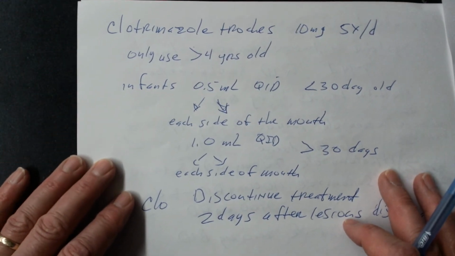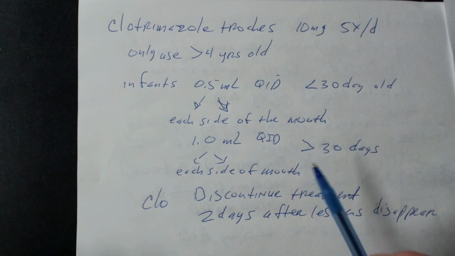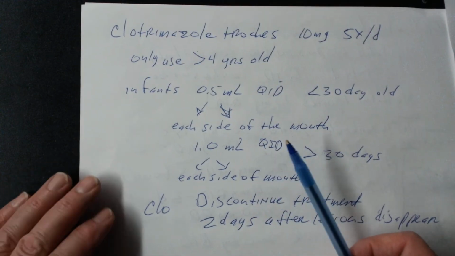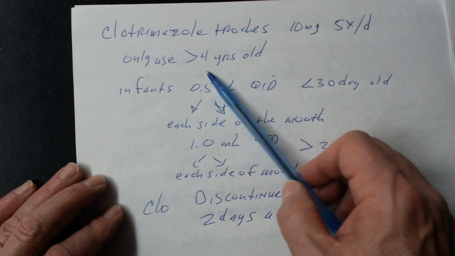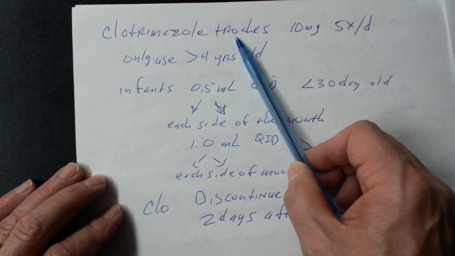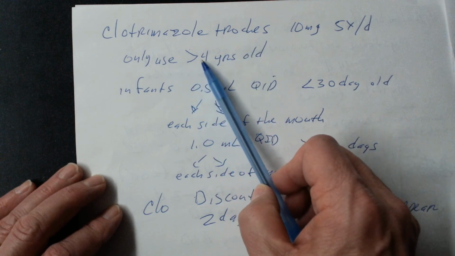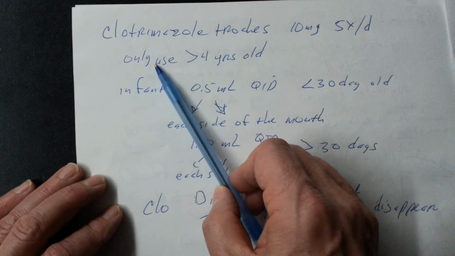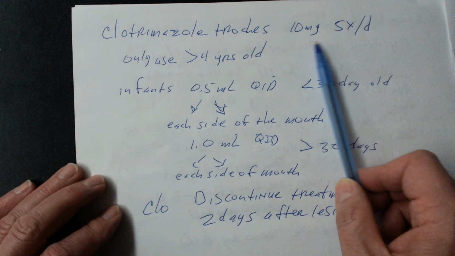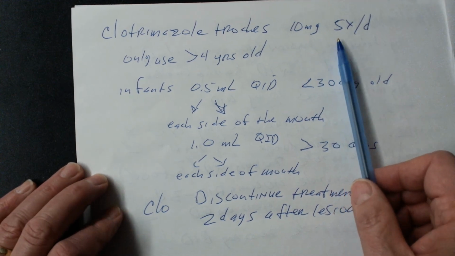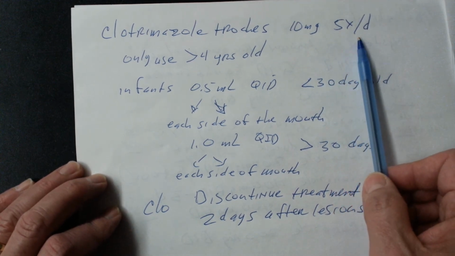For children, you can use nystatin suspensions, but there are also clotrimazole troches. Troches present a choking risk for children under the age of 4, so only use them for kids older than 4. These are 10 milligrams. Use them 5 times a day.